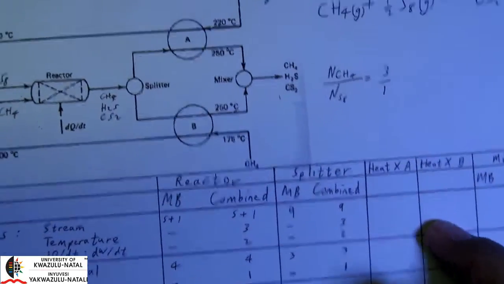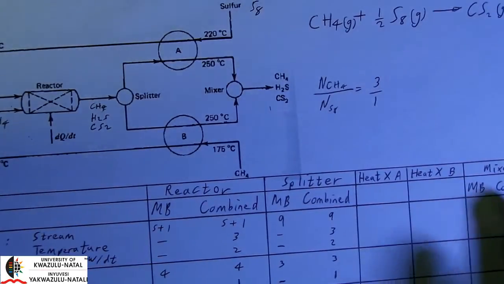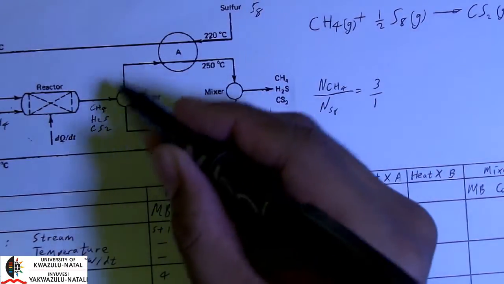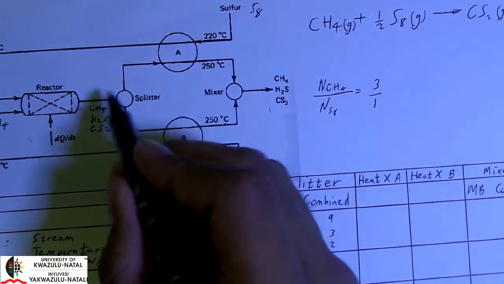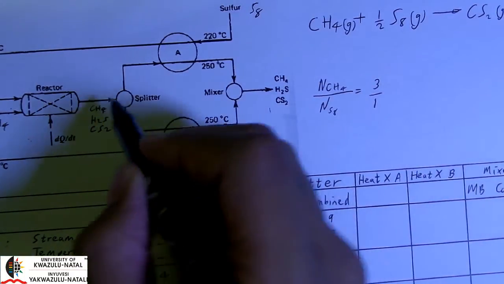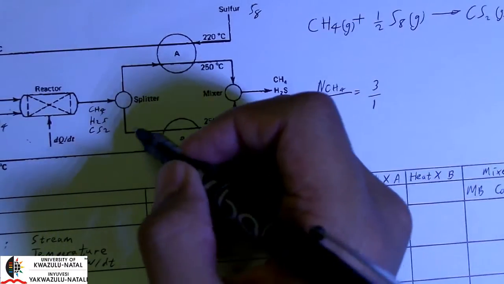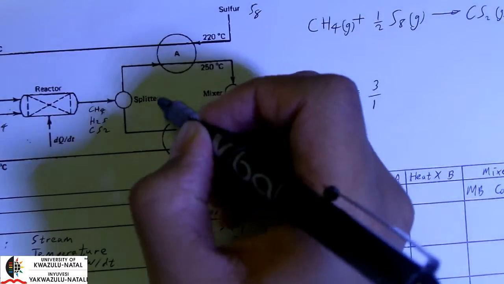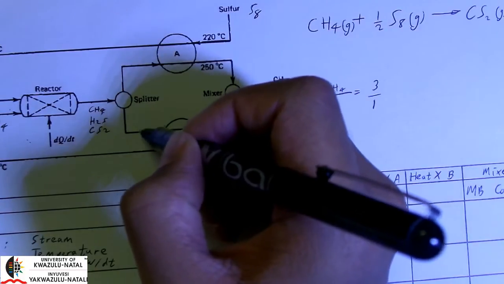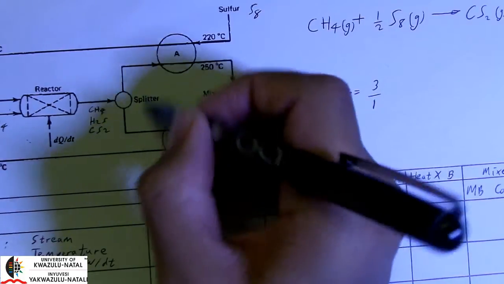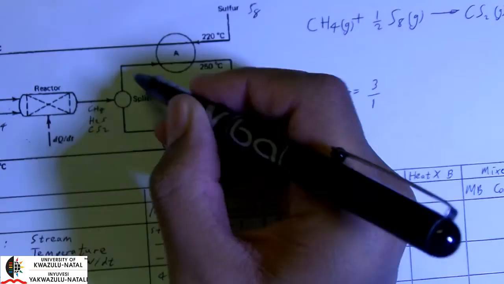A further subsidiary relation for a splitter in terms of the energy balancing is that this is simply a splitter, so whatever the temperature is in our feed, we will have the same temperature in our products. So if we know one temperature, either of the feed or the products, we will know all of the temperatures.